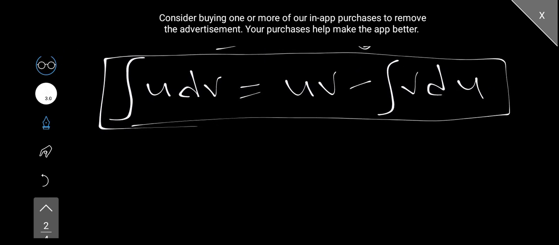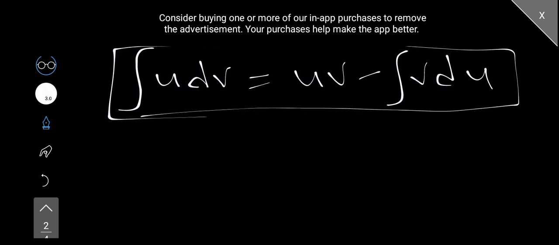Now since we have this, we can also note that inside the integral, we have two functions. The one function is u, the other one is dv.